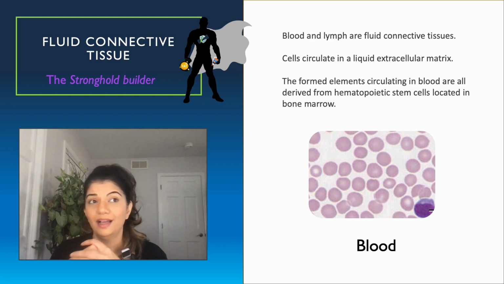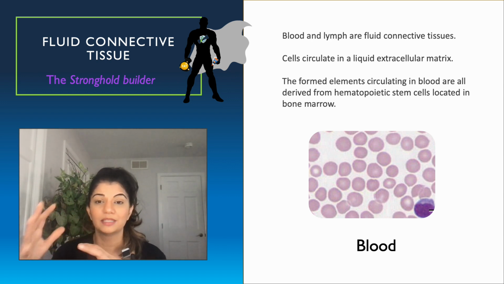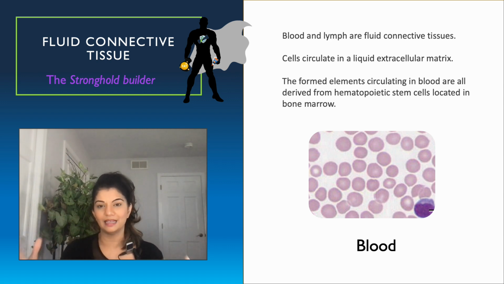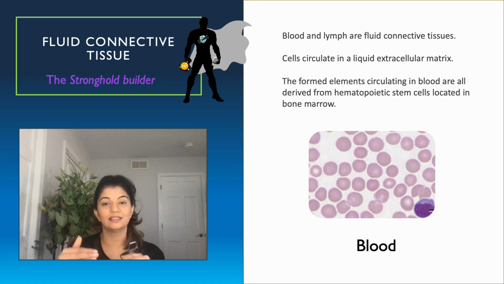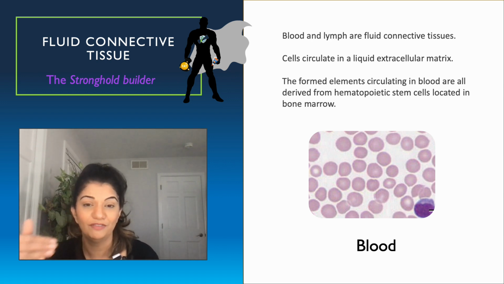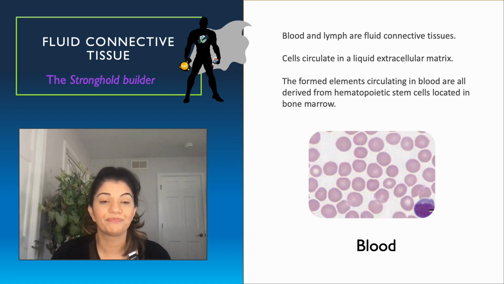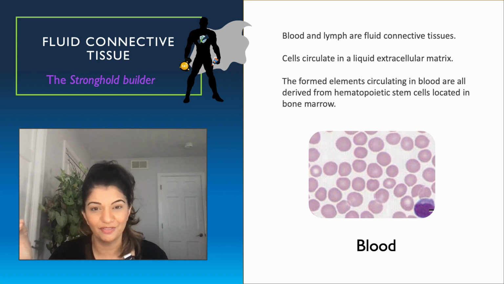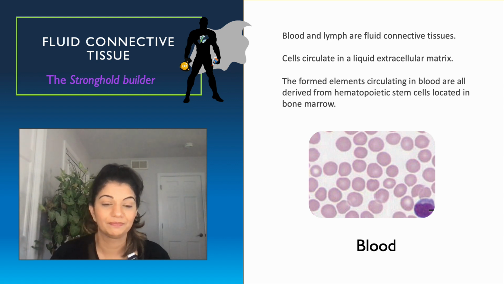Now, when you have an injury and maybe you're experiencing some edema, this is where your lymphatic system is not working fast enough, right? And that's where you get that swelling, because you've got this buildup of interstitial fluid. So both blood and lymph are connective tissues. In our mind, we just don't think of them in the traditional manner.